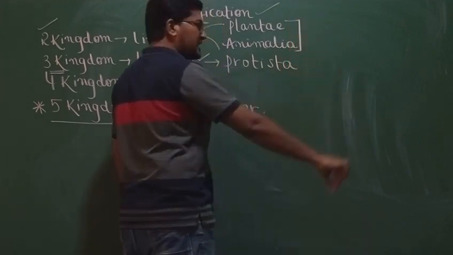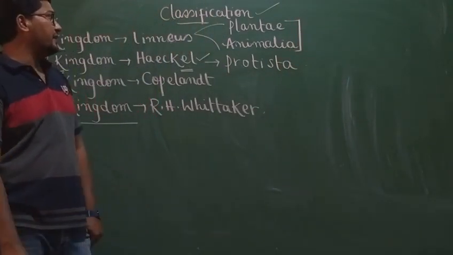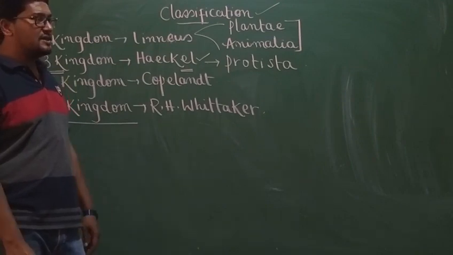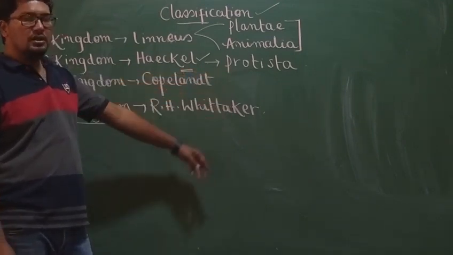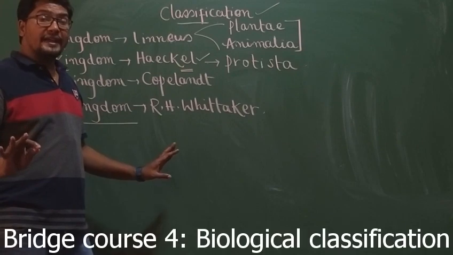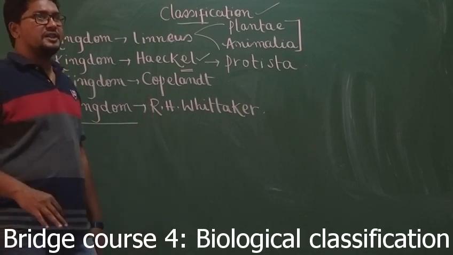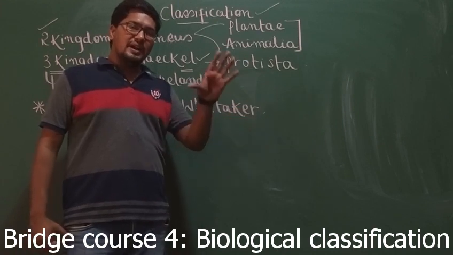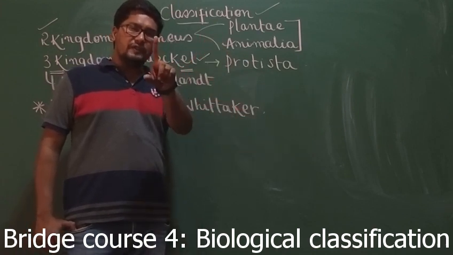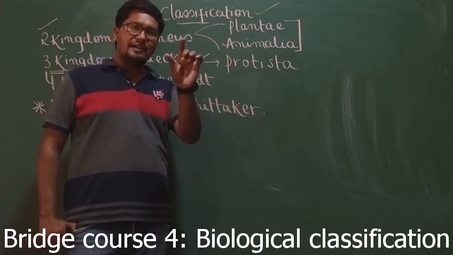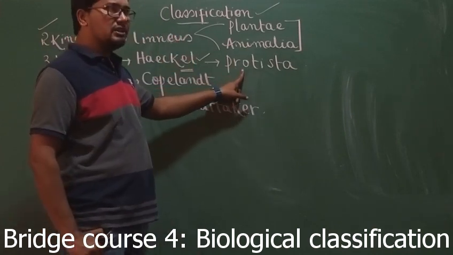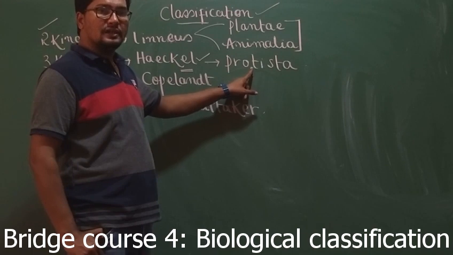The third kingdom added to the existing two kingdoms is Protista, and all unicellular eukaryotic organisms, irrespective of whether they are of plant nature or animal nature, but their entire body should be made up of a single cell and they should have a distinct nucleus.